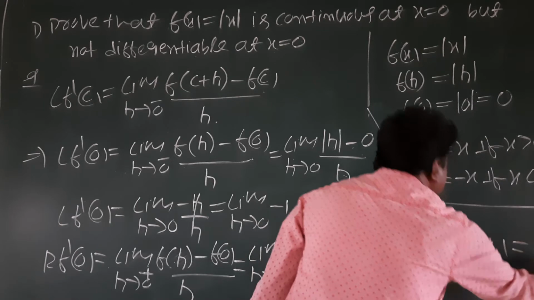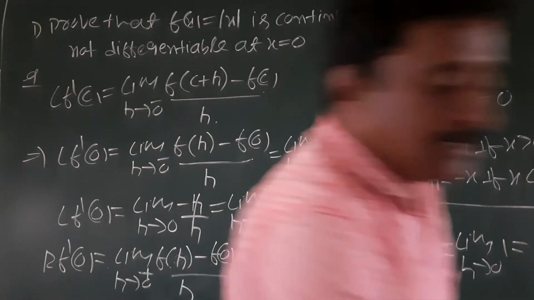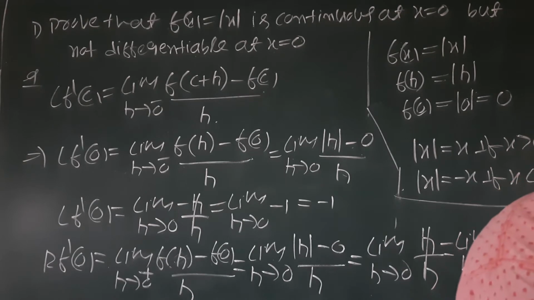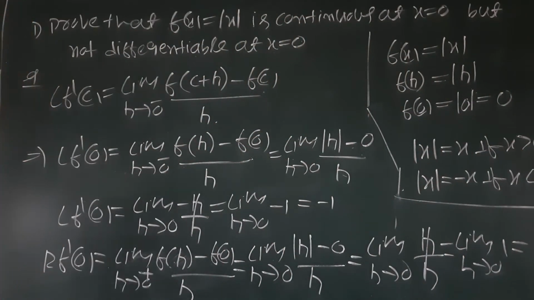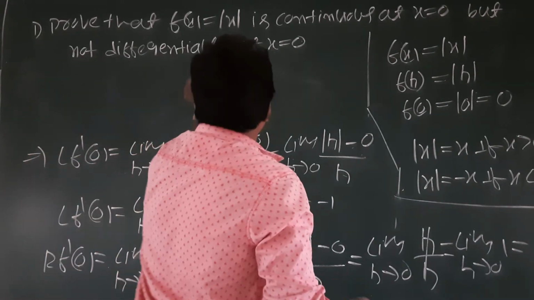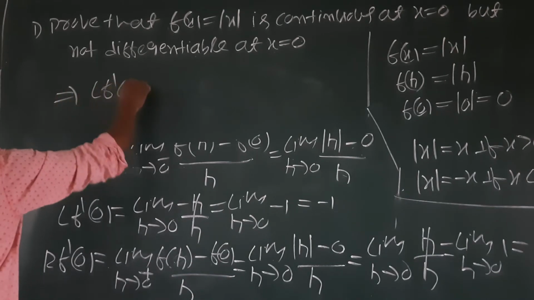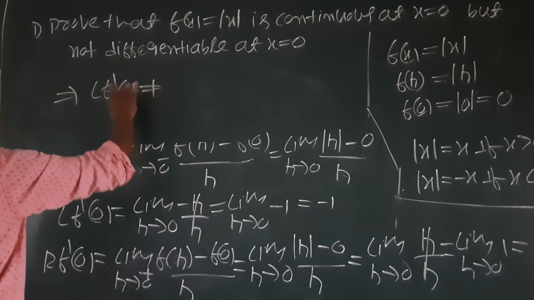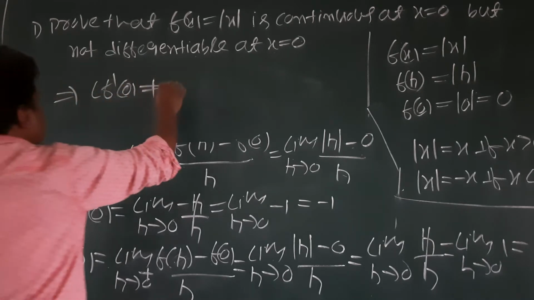It is 1. From this discussion, it is so clear students, left hand derivative is not equal to right hand derivative. Left hand derivative and right hand derivative are different, so therefore it is not differentiable. So that implies L f dash 0 is not equal to R f dash 0.